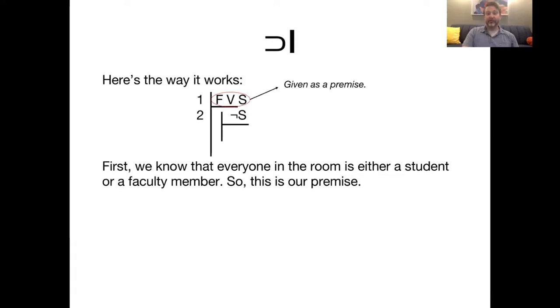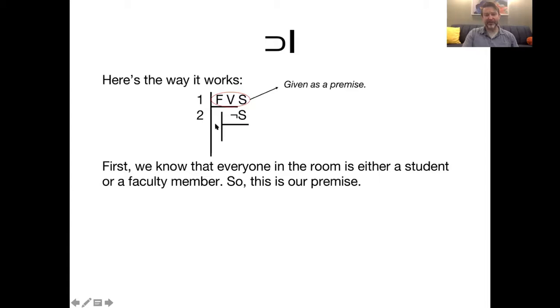Now, what we're going to do to show that a conditional holds is we're going to make a supposition. And so this is our first time using suppositions in our derivation system. But notice what we've done here is we've added a little Fitch bar underneath the other Fitch bar.